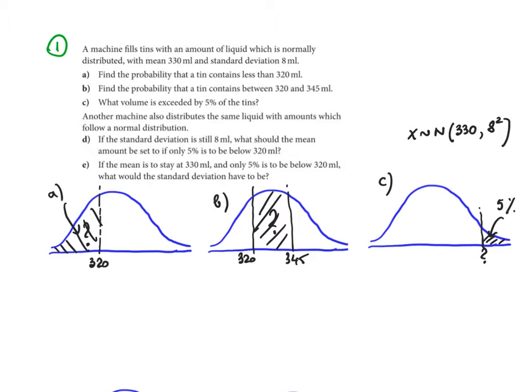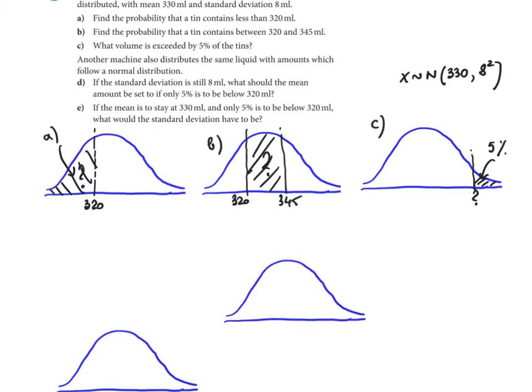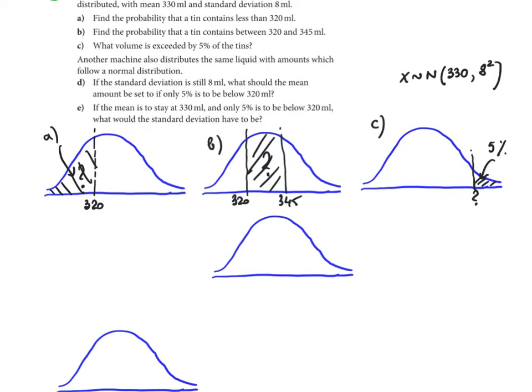Now, when I looked at question B, I thought immediately that could have been a very interesting question. So let me bring another diagram here. In question B, this one is 320, so I'm asked about 320 to 345.